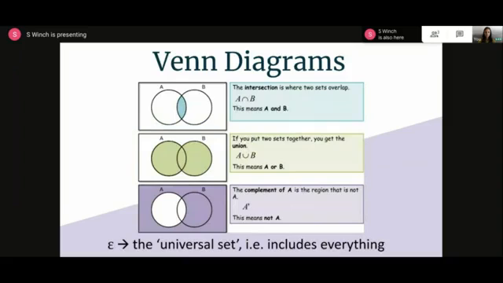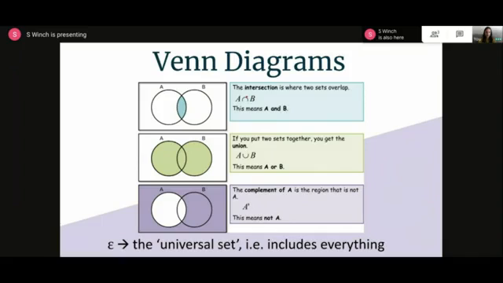So in terms of the set notation and what these mean, here you see the shaded area in the middle of both Venn diagrams, and that's just to explain that the information is A and B. So if we put A and B together, that is the information that you get. So the intersection, of course, is where 2 sets overlap, and the symbol for A and B is a funny looking N, if you will.